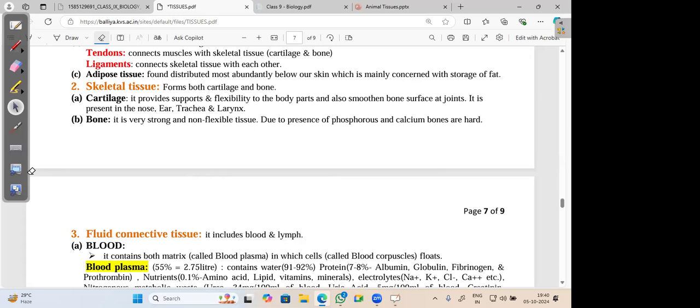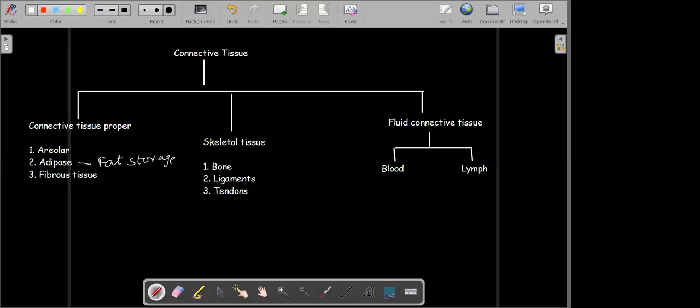So see, the fluid connective tissue, blood. Your blood consists of two things here: plasma, which forms the matrix, and floating elements. Floating elements means, see how does blood look like.